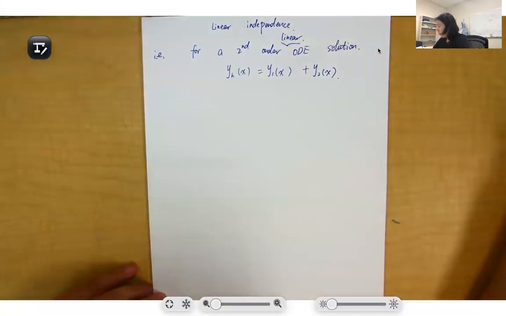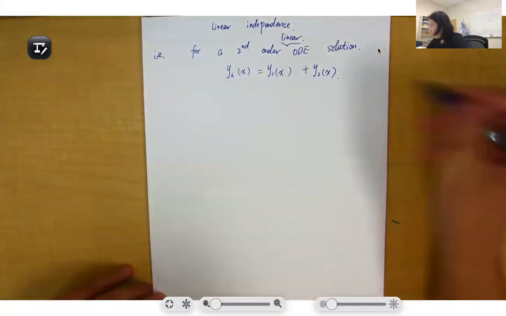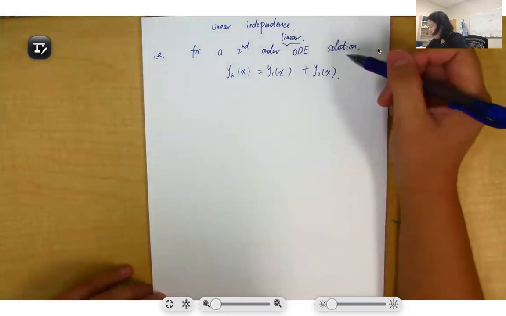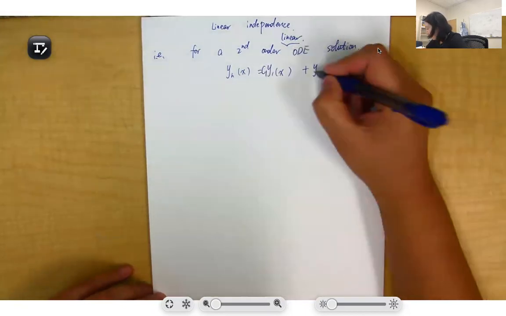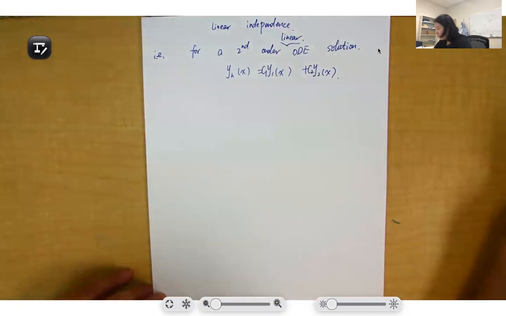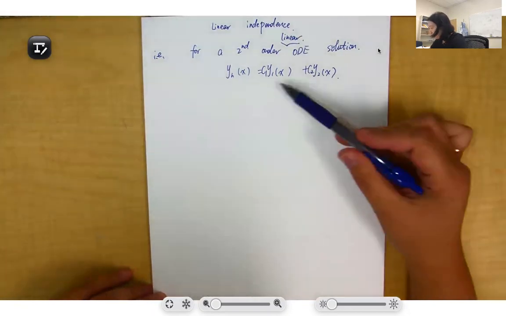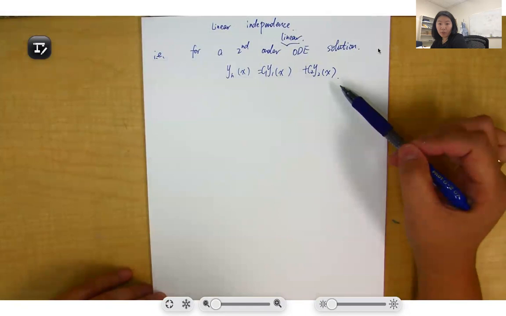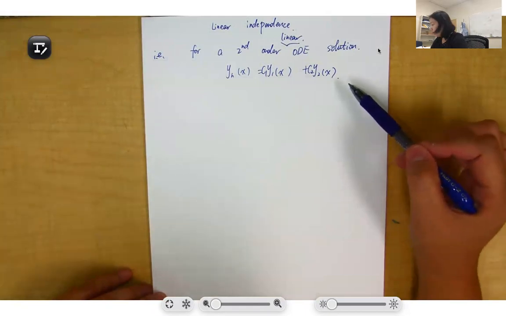Okay. And you know that is a linear combination with some constants, you can say C1 and C2. So that is the general form of your second order linear ODE homogeneous solutions.